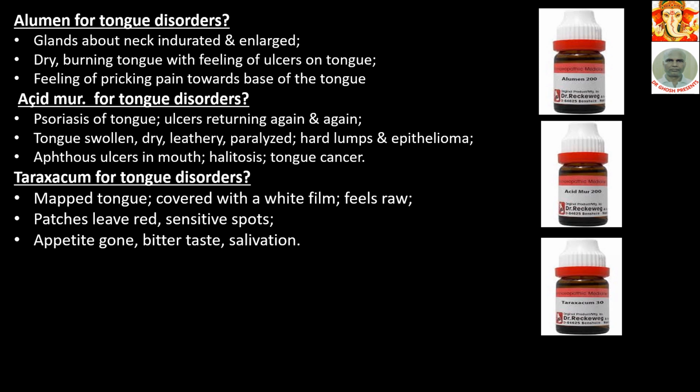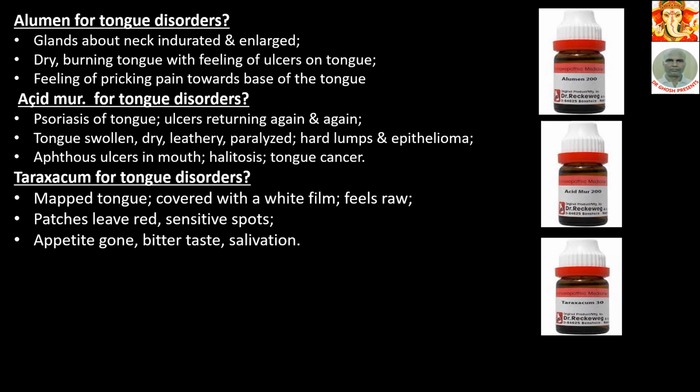Albumin for tongue disorders. Glands about the neck indurated and enlarged. Indurated means hard. Dry, burning tongue with a feeling of ulcer on the tongue. Feeling of pricking pain towards the base of the tongue. Acid mur or muriatic acid for tongue disorders.